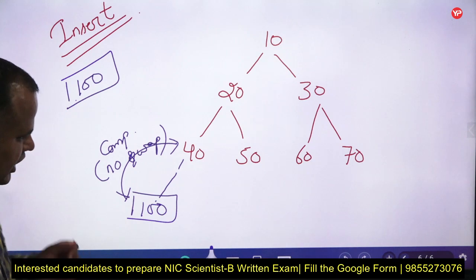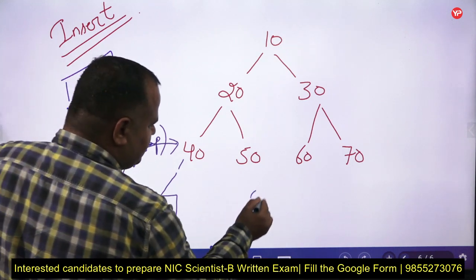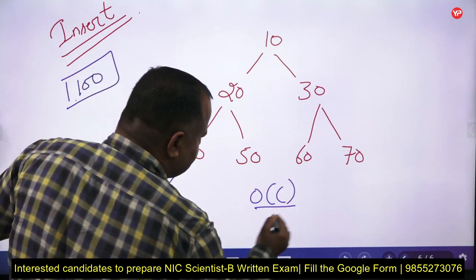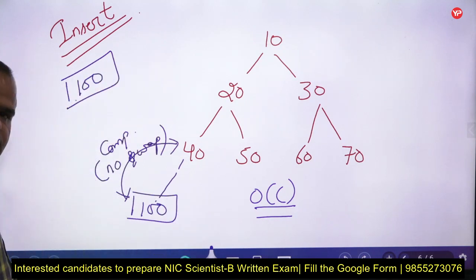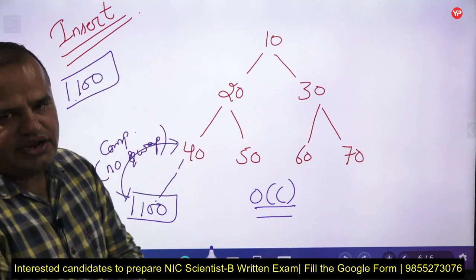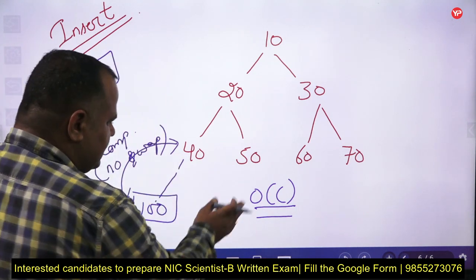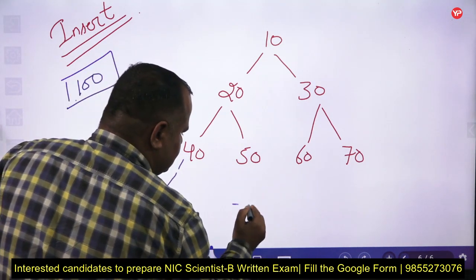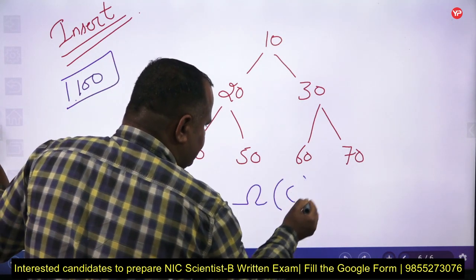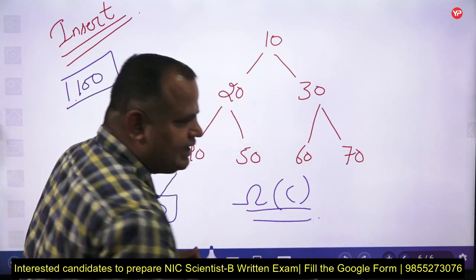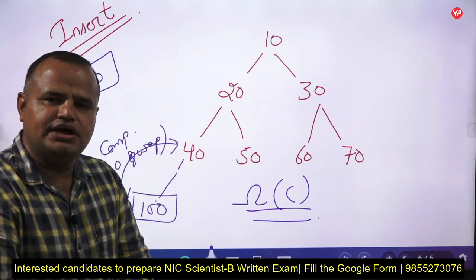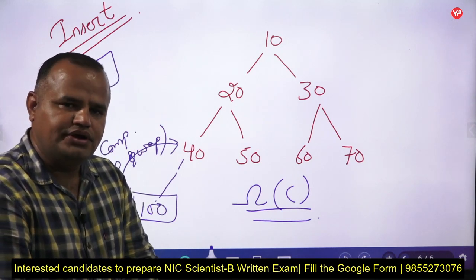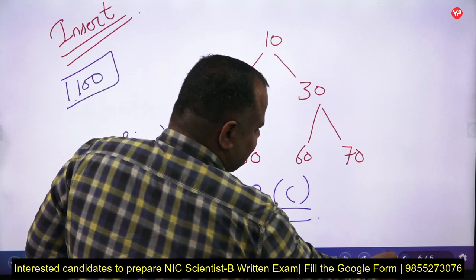So how much time does it require? It requires only a constant amount of time, the time to insert an element, or one single comparison. So in the best case, the time required to insert an element in either min heap or max heap is omega of constant.